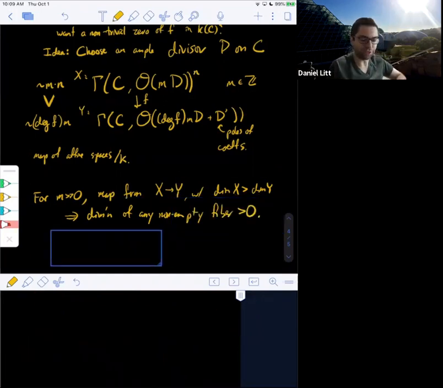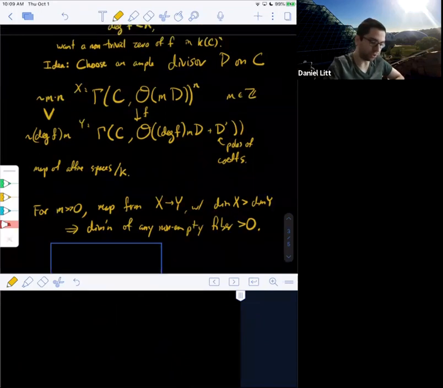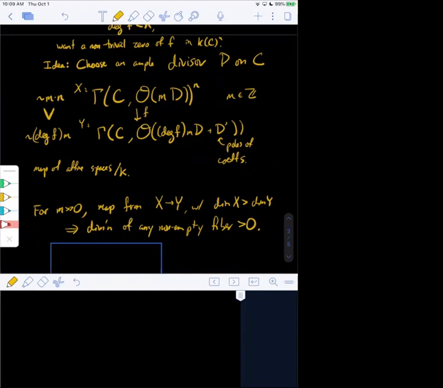So what are we interested in? Which fiber of this map? We're trying to produce a 0 of f. So that's the fiber over which point of our target space y? Zero.